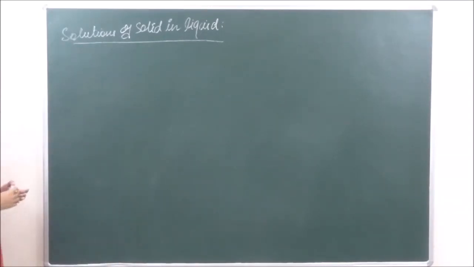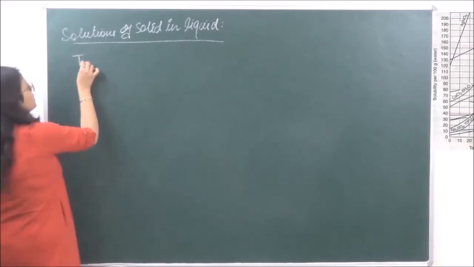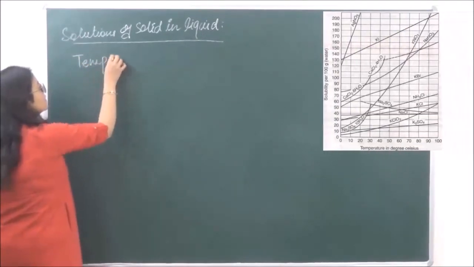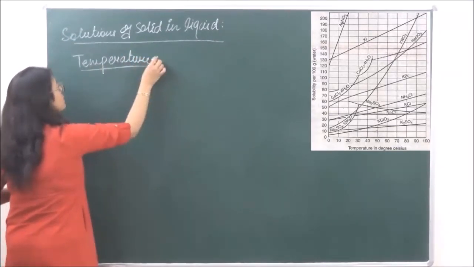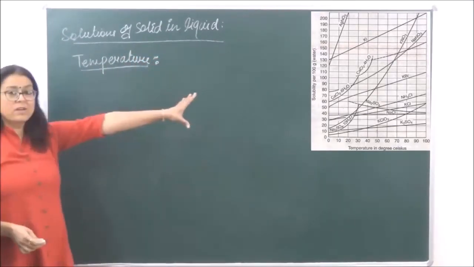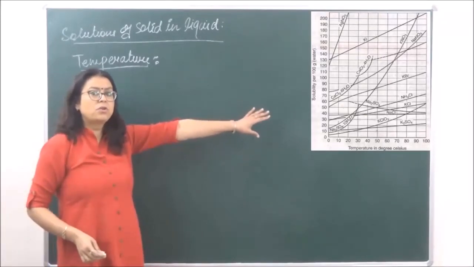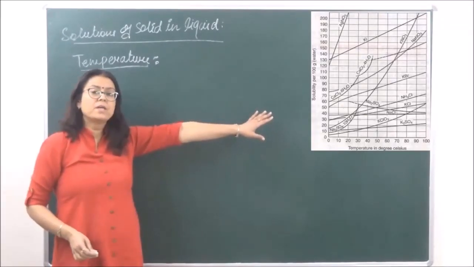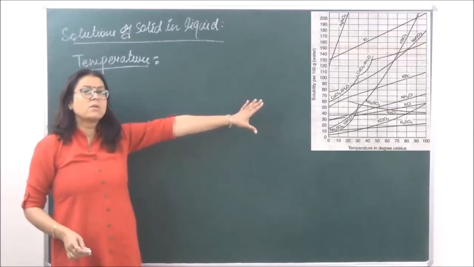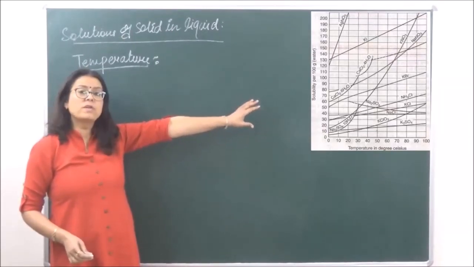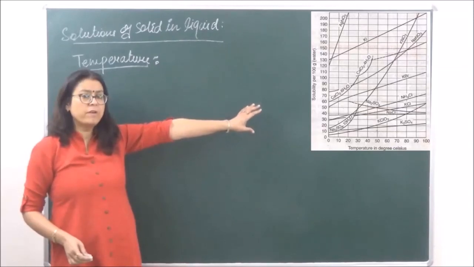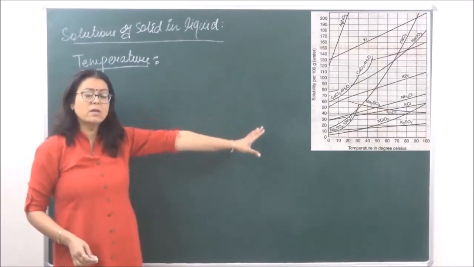Now, to study the effect of temperature, we are coming up with a graph over here on the board. You can study the effect of temperature on the solubility of various solutes in this particular graph.